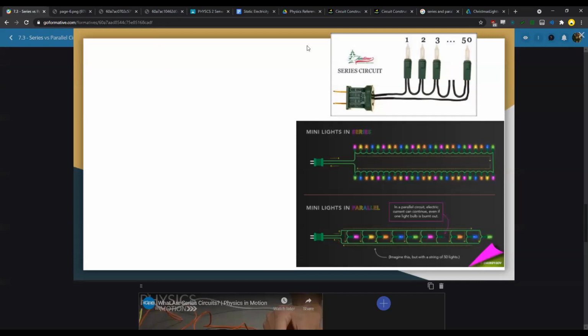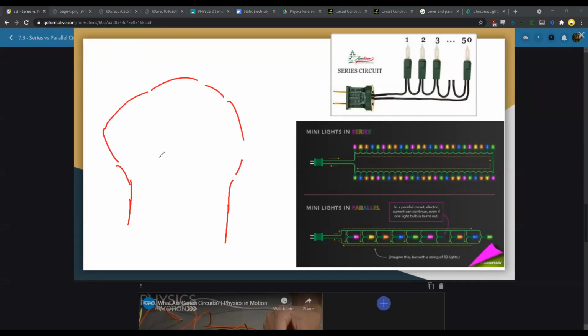Modern light bulbs actually have something: even in the event that the bulb breaks, there's actually some other metal connection, another path in which electricity can go through.